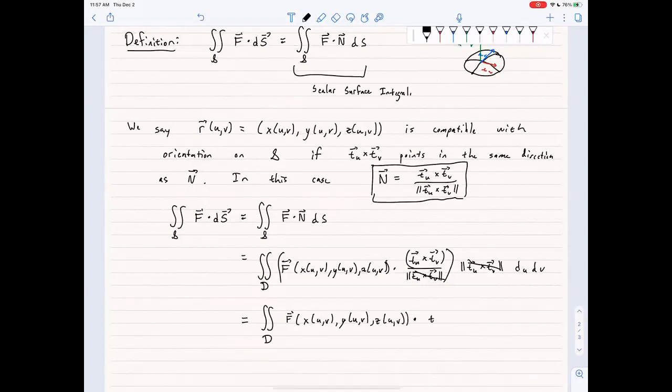And now you're going to dot with this vector, which I think in the book they call lowercase n, but it's some vector, du dv.